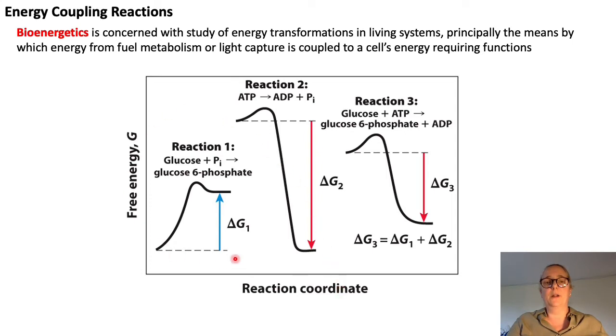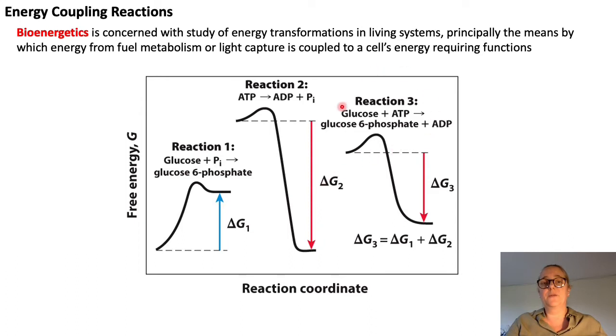In reaction 1, glucose plus phosphate makes glucose 6-phosphate. This is the addition of a phosphate, which requires energy, denoted as delta G1. Reaction 2 is the breakdown of our energy molecule, ATP, to ADP plus phosphate, which releases energy, denoted as delta G2.